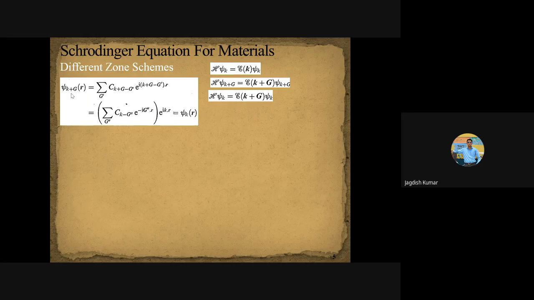If the minimum of the conduction band and the maximum of the valence band don't match, then we say the material is an indirect gap semiconductor. And if they match, we call it a direct gap semiconductor. So a lot can be told about the properties of a material in terms of its E versus K relation. We can tell about magnetic nature as well.